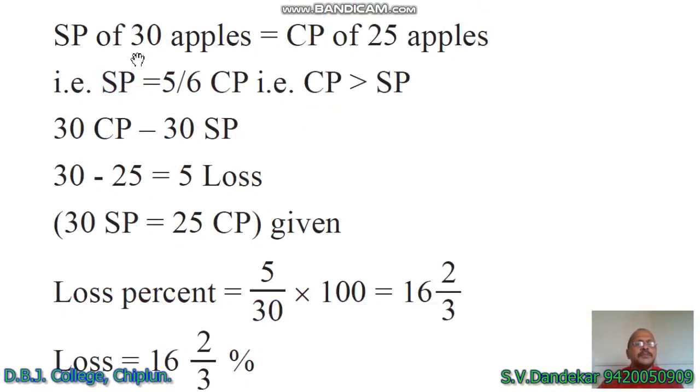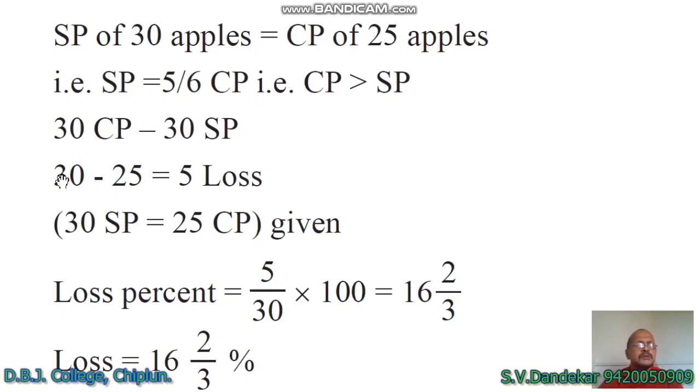As selling price of 30 apples is equal to cost price of 25 apples, that is, selling price is equal to 5 by 6 times cost price. 5 by 6 times multiplied by a number gives a smaller number, and therefore cost price is greater than selling price, and therefore here it is loss.